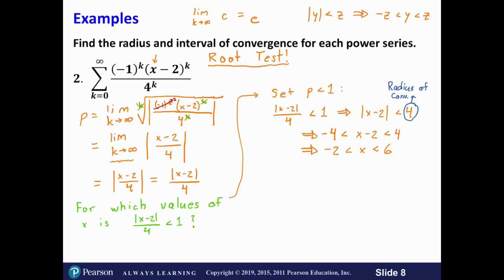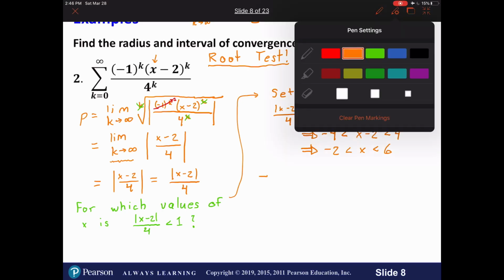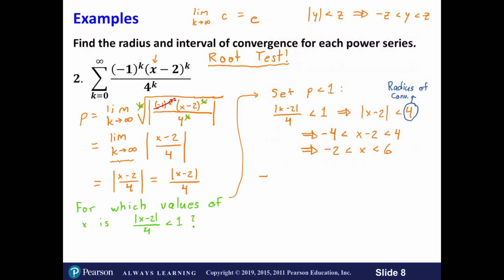And so the interval of convergence contains the numbers negative 2 to 6.